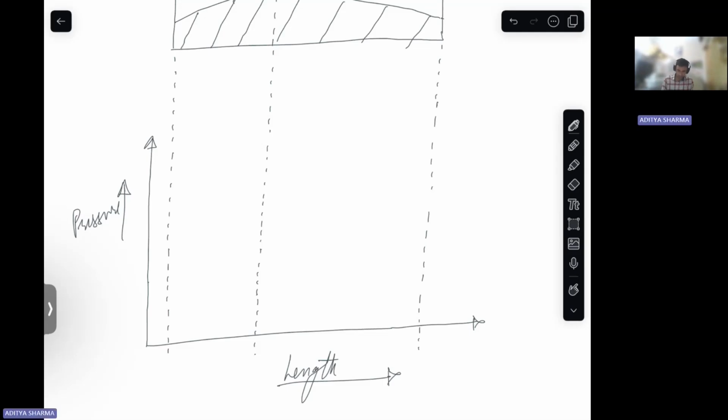So first have this reference, which is your back pressure is equal to pressure at exit.